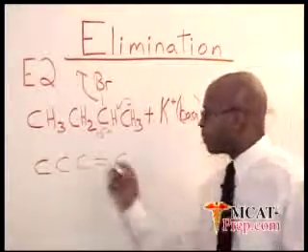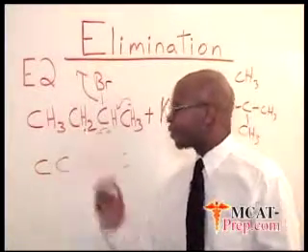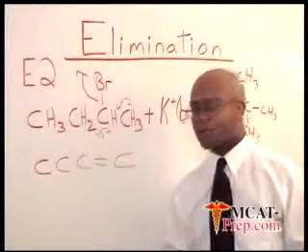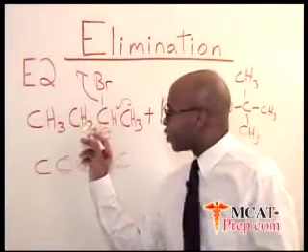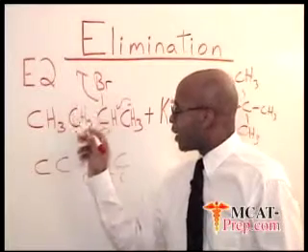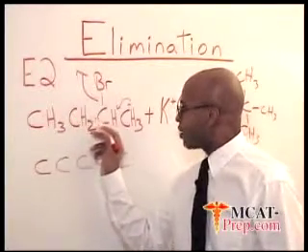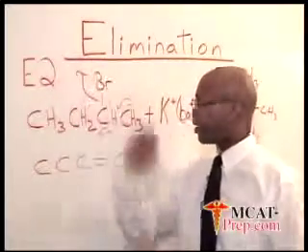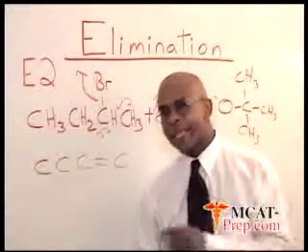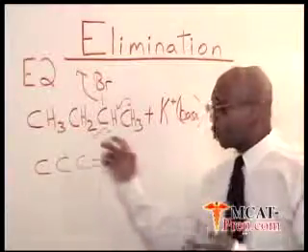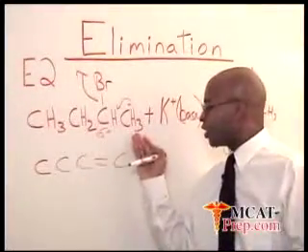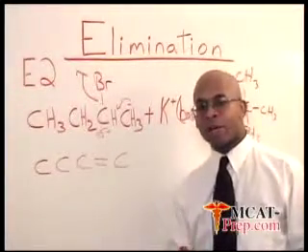Can this big bulky base take some hydrogens from this secondary position? In which case, if it took it from the secondary position, this negative charge could make a double bond between these two carbons and knock out the bromine. Indeed, it can do that. It wouldn't do it very often because it's much easier to take it from the primary carbon.